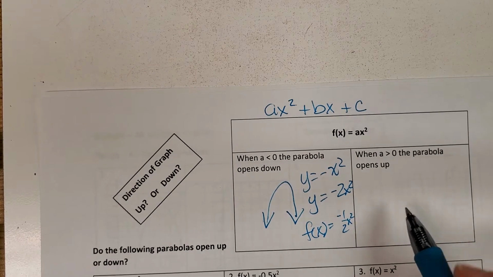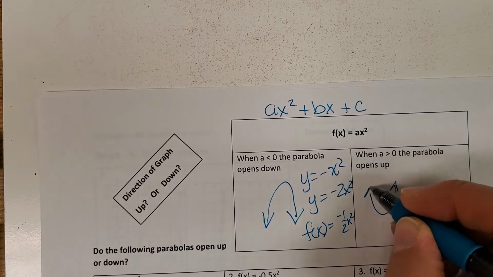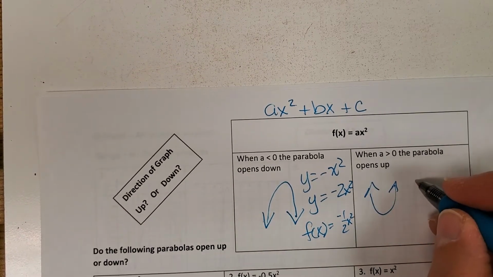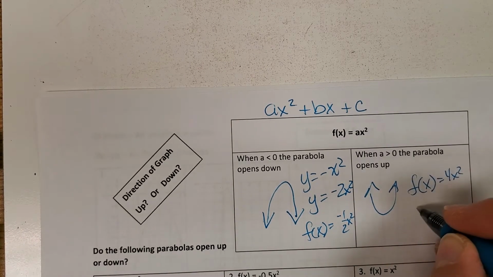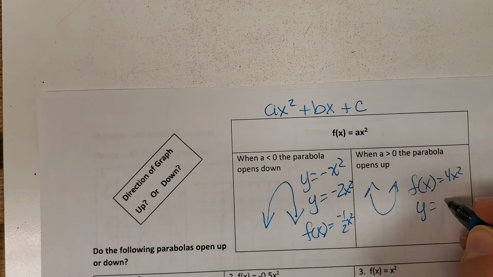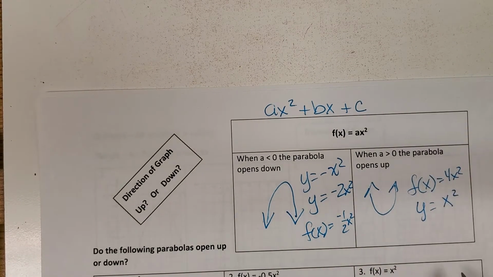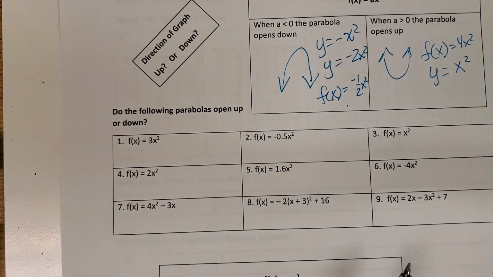If a is greater than 0, my parabola is going to open up. So some examples of that would be f of x equals 4x squared, or y equals just plain old x squared. Those are going to open up. So when you look at a function, you just determine whether it opens up or down by looking at a.